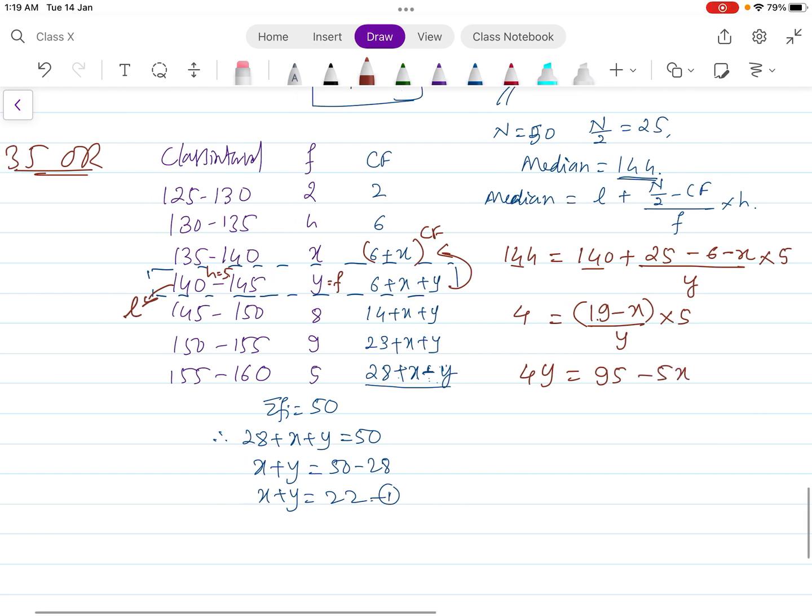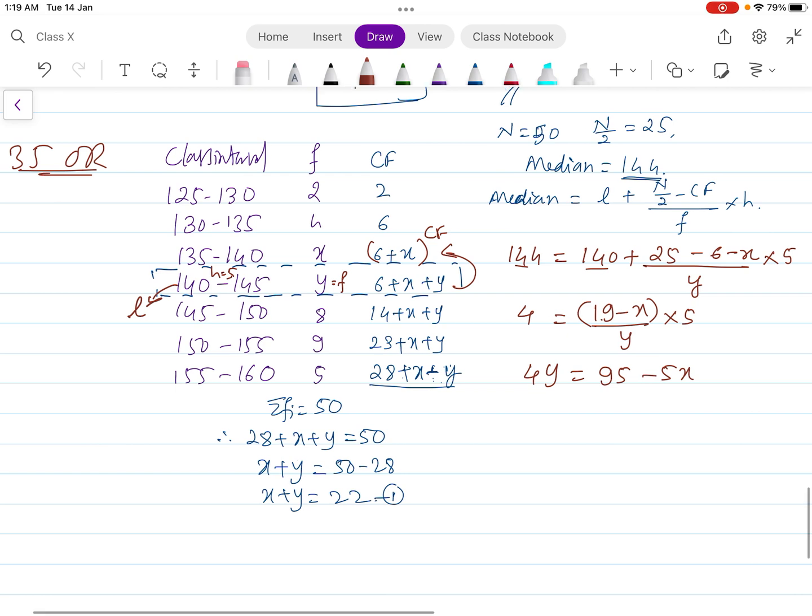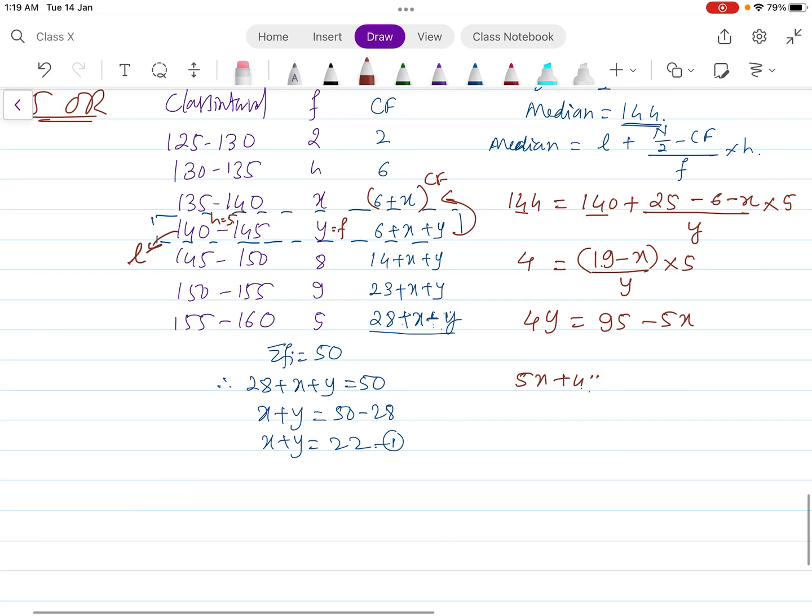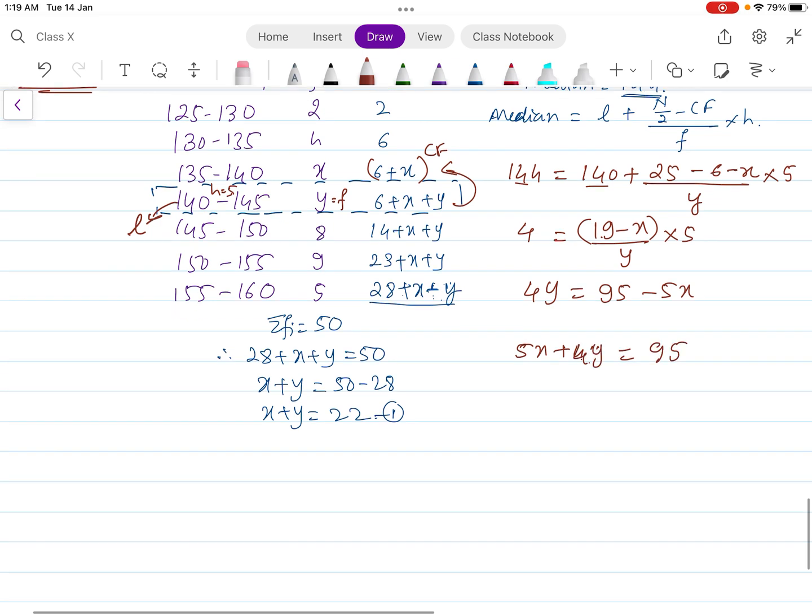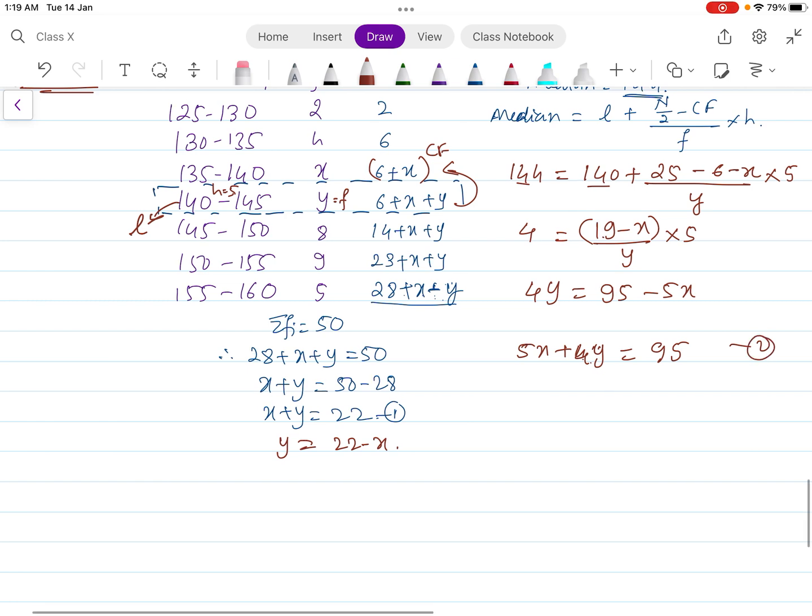Now taking 5x also to the left hand side, so 5x plus 4y equals 95. Say this is equation 2. So from 1 we can substitute y equals 22 minus x in 2.